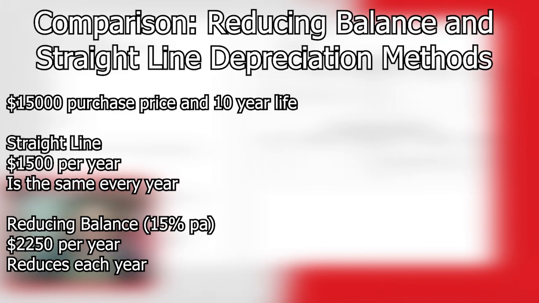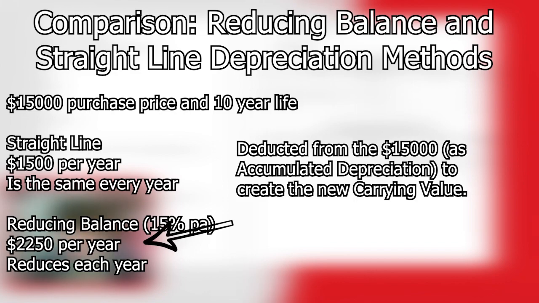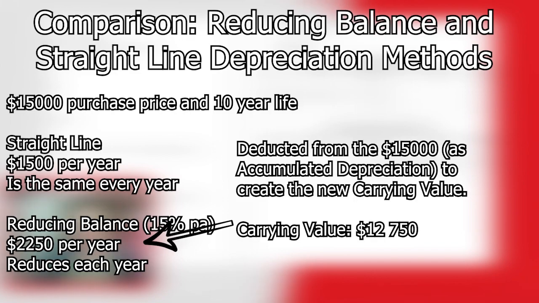In year one, we would go 15,000 times 15%, which would give us 2,250. Now that 2,250 is deducted from 15,000 to give us 12,750.